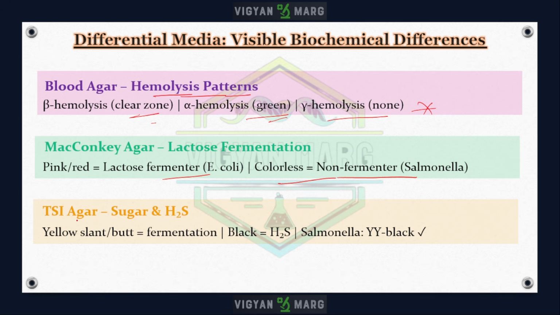Another is TSI agar, or triple sugar iron agar, which differentiates enteric bacteria by their sugar fermentation pattern and hydrogen sulfide production. A yellow slant or yellow color indicates sugar fermentation, and blackening indicates hydrogen sulfide production, which is typical of Salmonella.